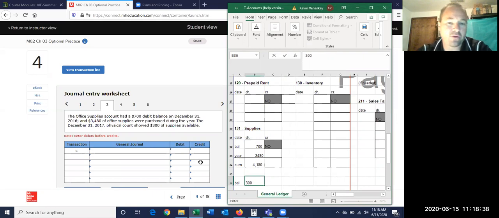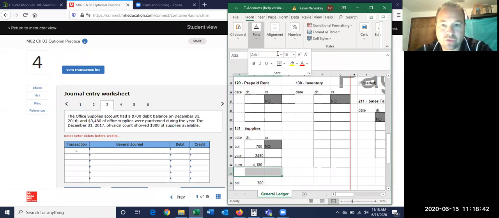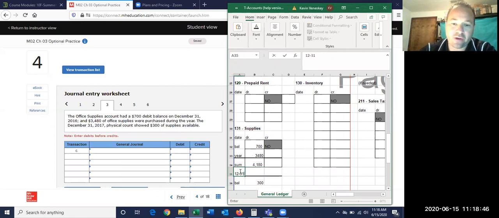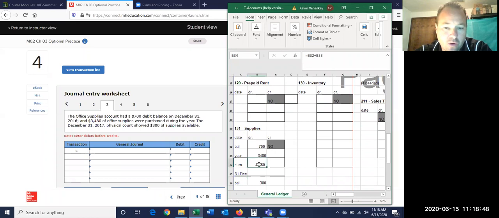So what I have to do is do the adjusting entry on 12/31 to show what I did. How did I get from $734.80 in supplies down to 300? Well, I had to get rid of some of the supplies. I started using them.